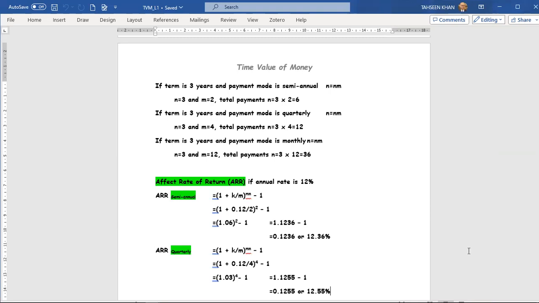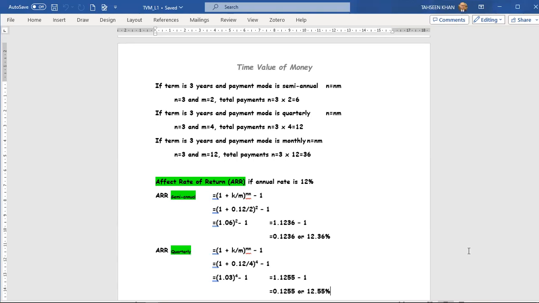So the total payments come to 3 multiplied by 2 equals 6. In case of quarterly, N will be equal to 3 multiplied by 4, because there are 4 quarters, and the total payments for 3 years come to 12. In case of monthly, the total payments within 3 years come to 3 multiplied by 12 equals 36.